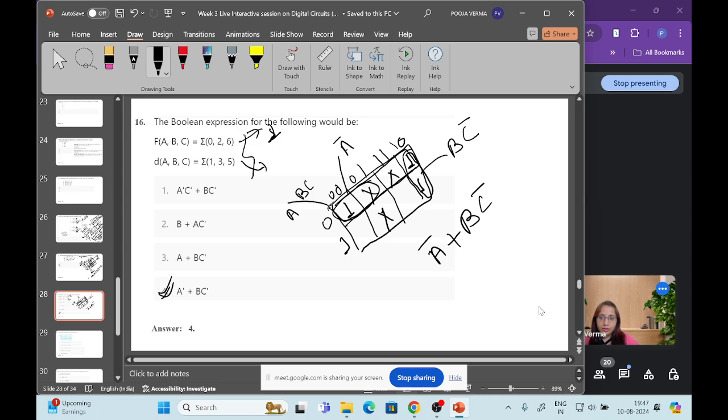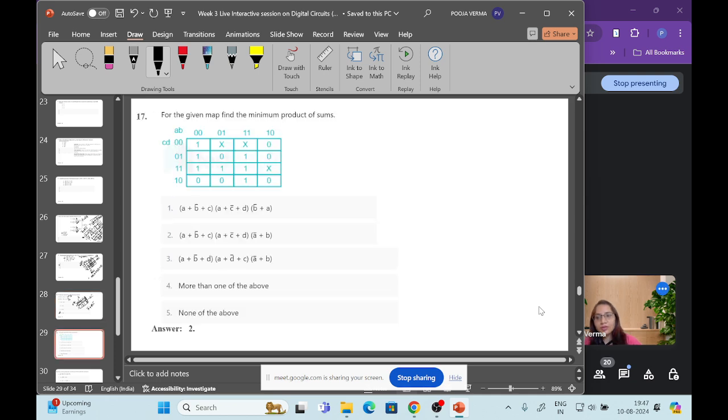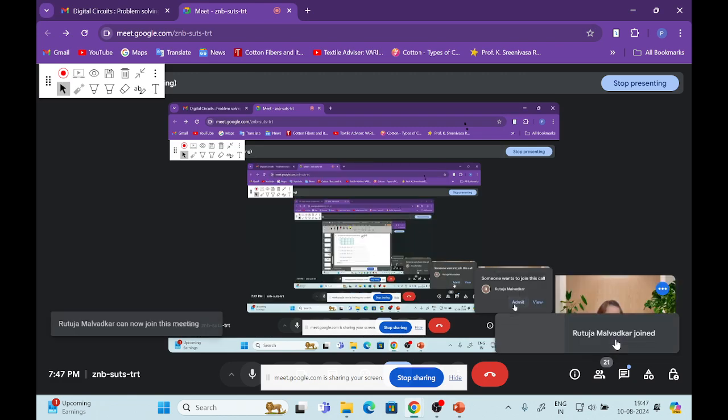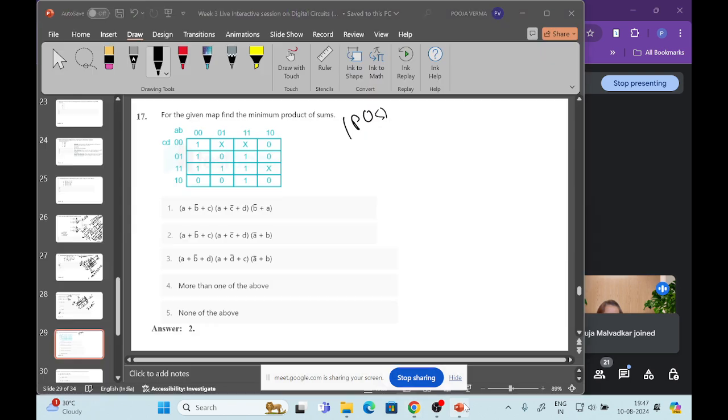Okay. So moving to the next question. For the given map, the K-map is already given, find out the minimum product of sum. That means first we need to find the product of sum. That means corresponding zeros we need to make a pair. So I'm directly making it here.